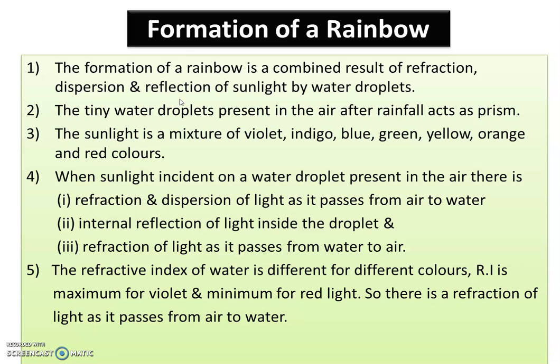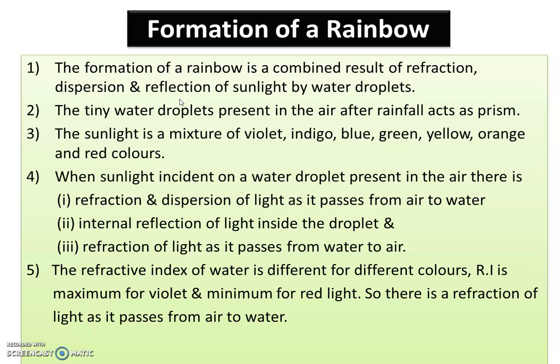After raining, the tiny water droplets present in the air act as a prism. We know that sunlight is a mixture of violet, indigo, blue, green, yellow, orange and red colors.